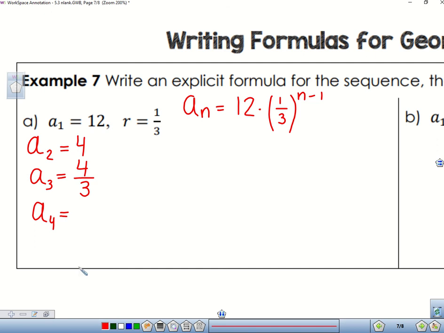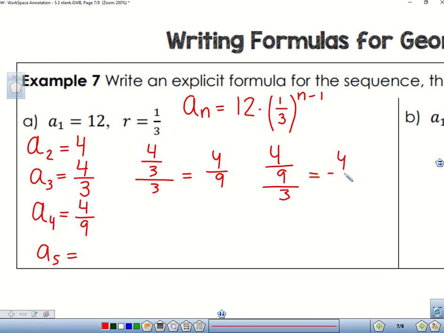So 4/3 is also not divisible by 3. The easiest way to divide a fraction by a number is to multiply the denominator by what you're dividing by. So 4/3 divided by 3 is actually just 4/9. And the fifth term would be 4/9 divided by 3, which is 4/27.